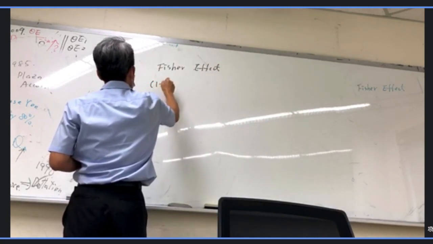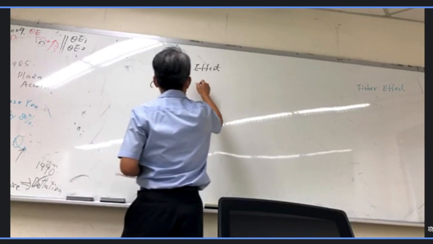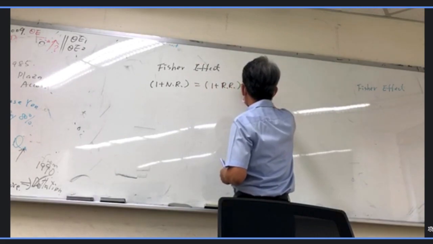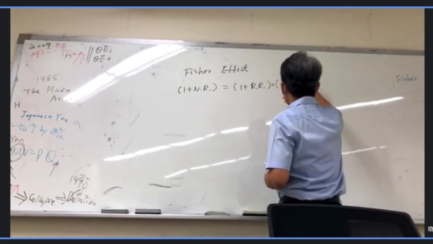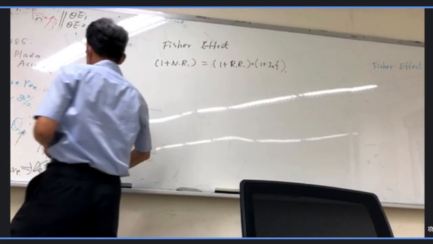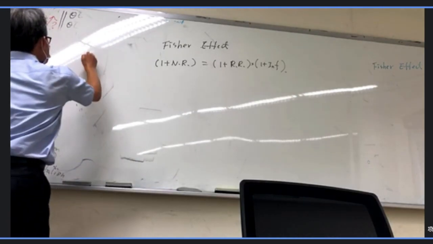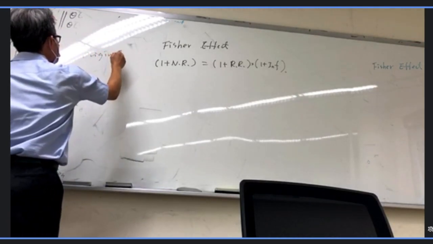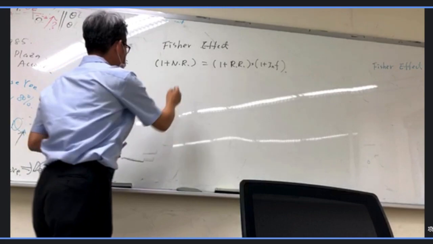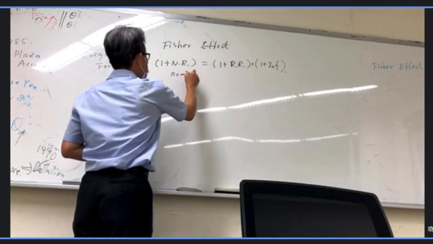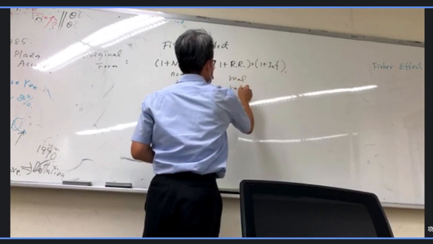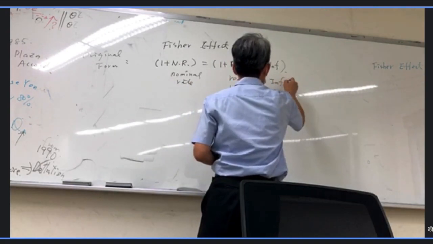This is one plus nominal rate equals one plus real rate times one plus inflation. So this is the original form, original equation. This is the nominal rate. This is the real rate. This is inflation.